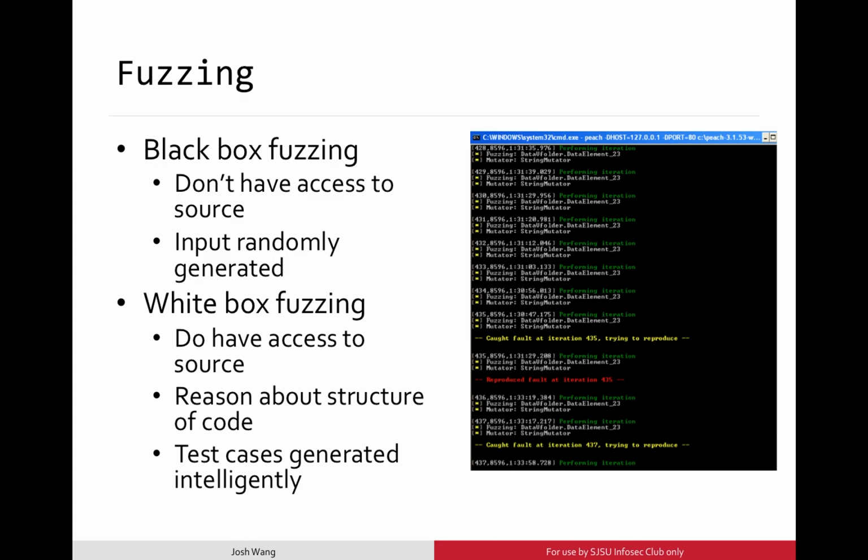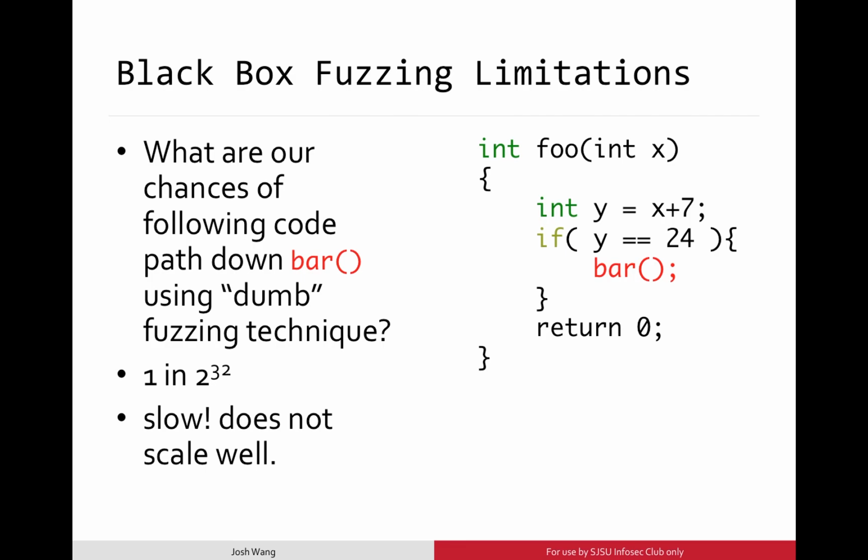Okay, so black box fuzzing limitations. What are the chances? If we look at the code on the right, let's say we're trying to fuzz this program, and X is user input. It's read from user input.